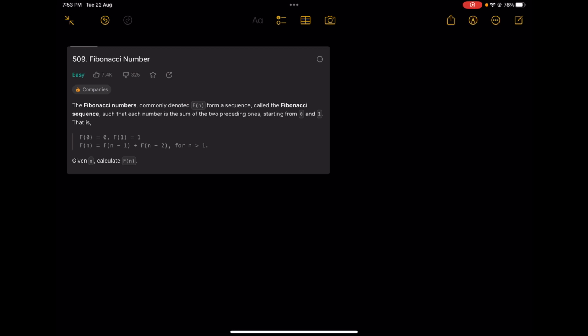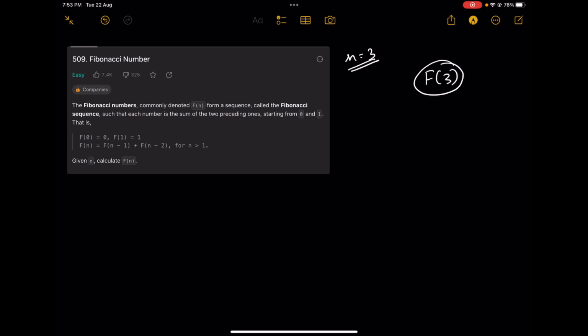So to figure out a way to do that using recursion, what we'll do first is start with an example. Let's say n is equal to 3 is given to us, right? Now what does this mean? This means that we need to calculate f of 3.